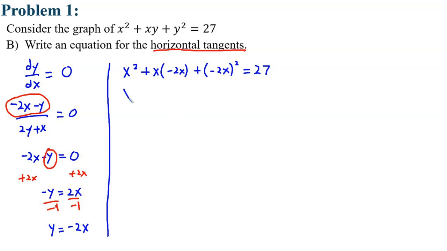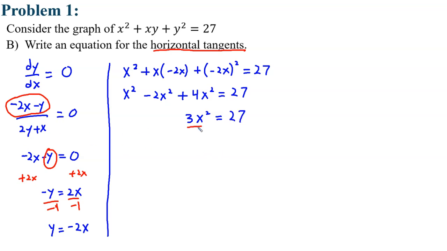All right, so what do we have? We've got an x squared. X times negative 2x will be a minus 2x squared. Okay, plus negative 2 squared is a 4x squared is equal to 27. All right, 1 minus 2 plus 4 will be 3x squared is equal to 27.